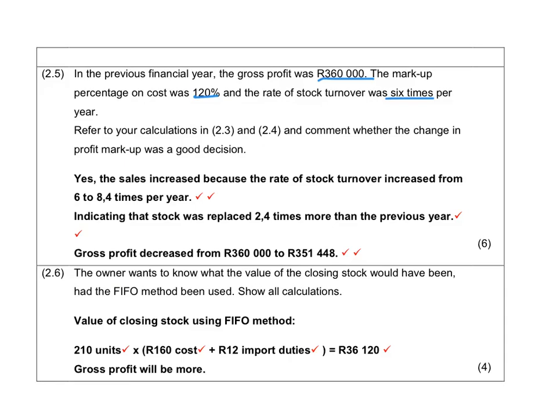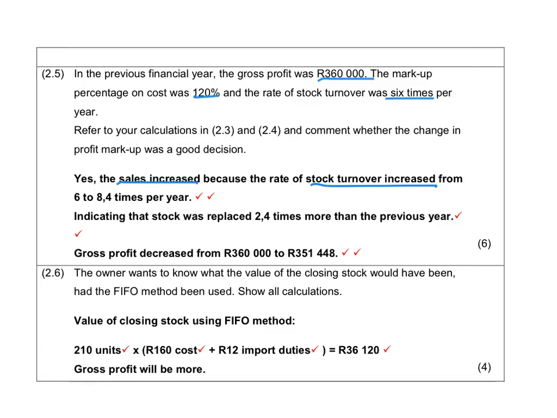Now we must decide, we've reduced the profit markup from 120 to 96%. Was it worth it? Yes, because our sales increased, because the rate of stock turnover increased from 6 to 8.4. So this stock turnover rate indicates to us that we are selling more than we sold in previous years.